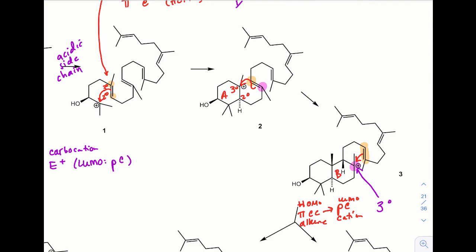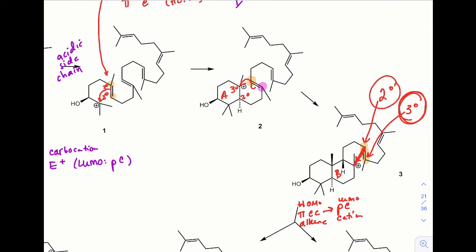Okay, so we have these 2 carbons. We have the secondary carbon of the alkene, and we have the tertiary carbon of the alkene. We would expect that the tertiary carbon would become the cation, and the secondary carbon would form the bond, right?